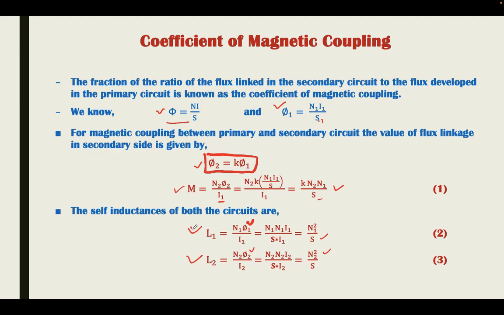When we consider the self-inductances of both coils, one coil is this, producing the magnetic field, and the other coil is this, where the EMF E2 develops due to the supply in the first coil.